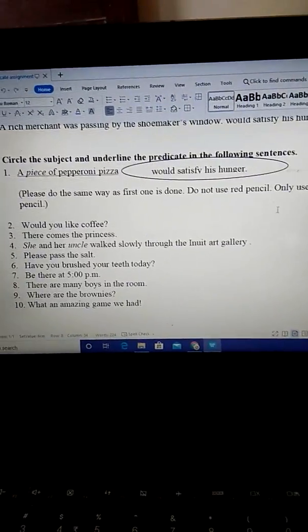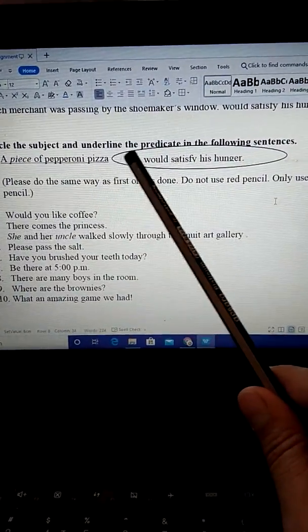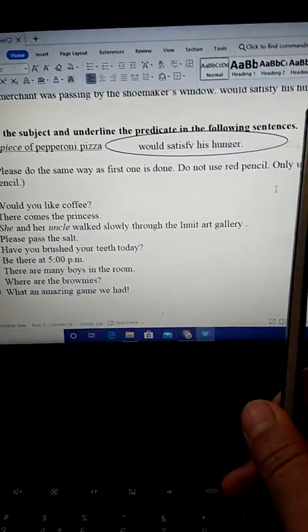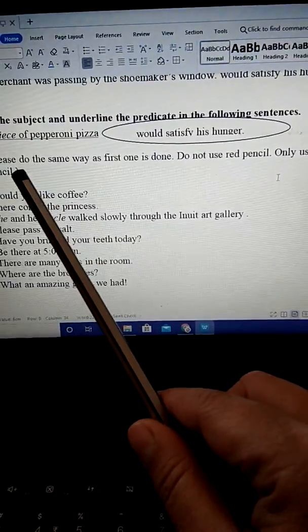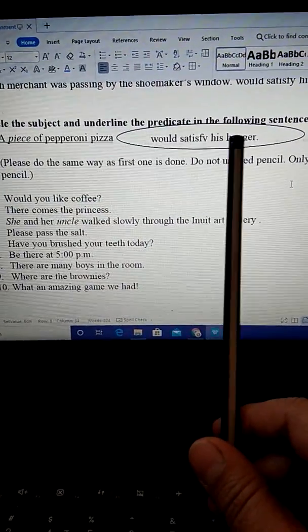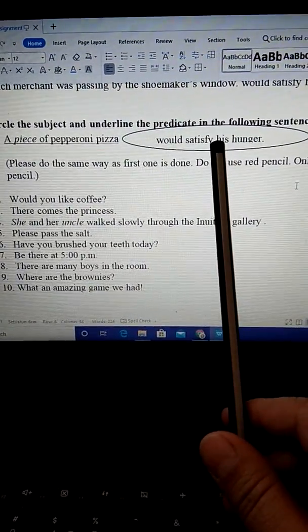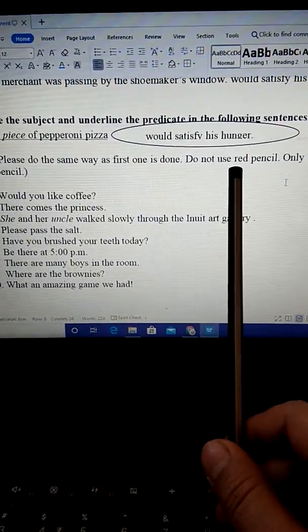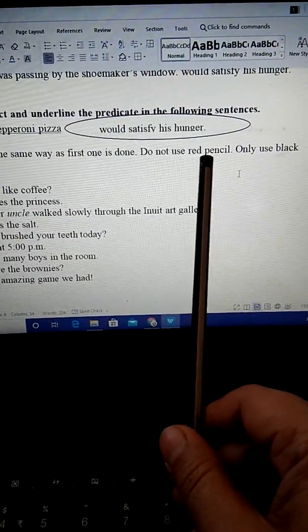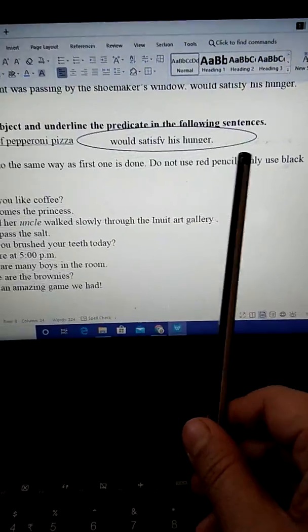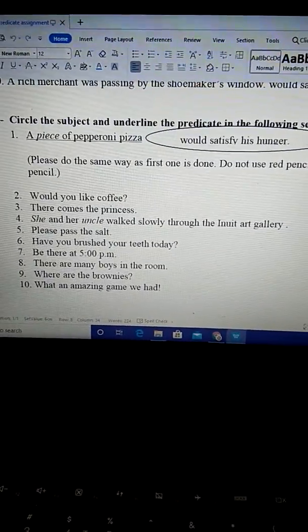And over here, circle the subject and underline the predicate in the following sentences. Here also you will have to do it in the same way the first one has been done for you. Do not use red pencil. It is clearly written, do not use red pencil, only your normal black pencils.